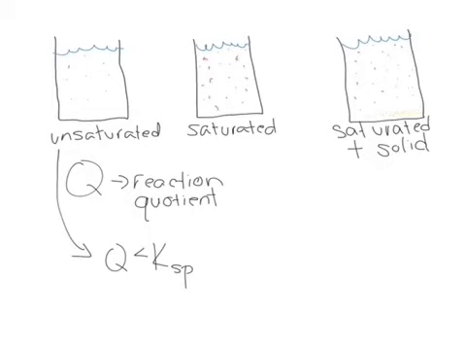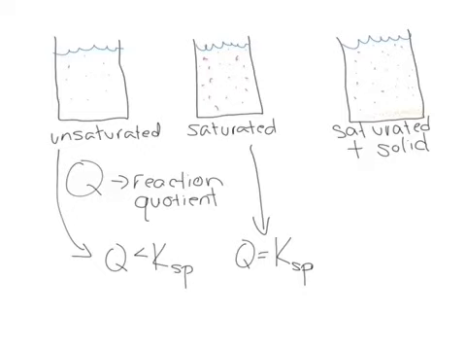If you have a saturated solution, this is when you're actually at equilibrium, and your Q is equal to your KSP. This is what you saw in lab when we were dealing with the potassium nitrate in water, heating it up, and right when you saw that solid form, you took the temperature.